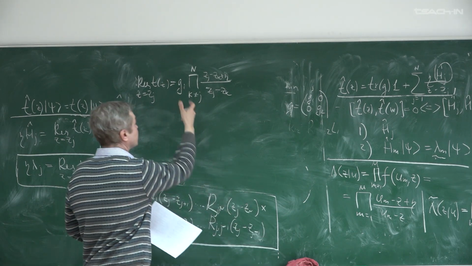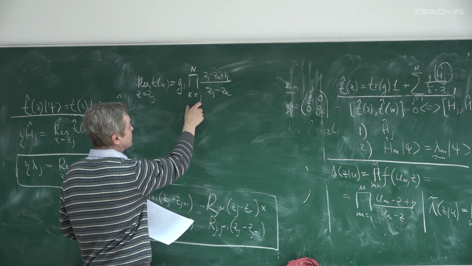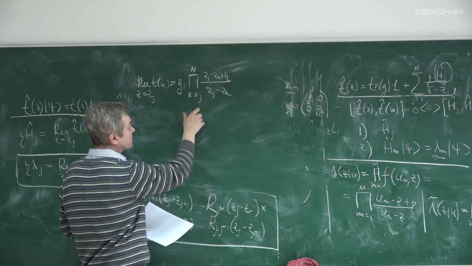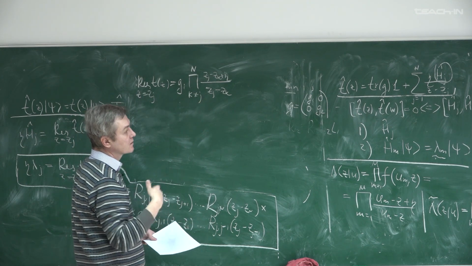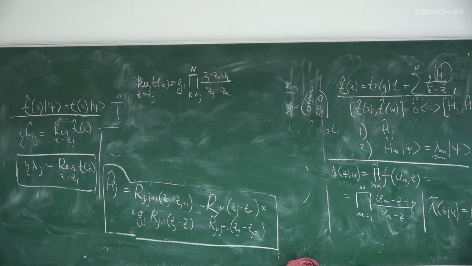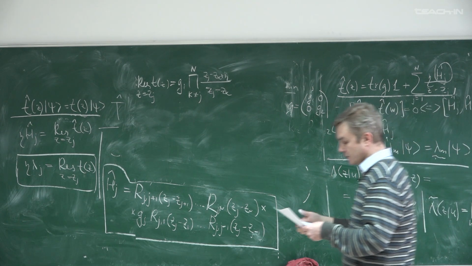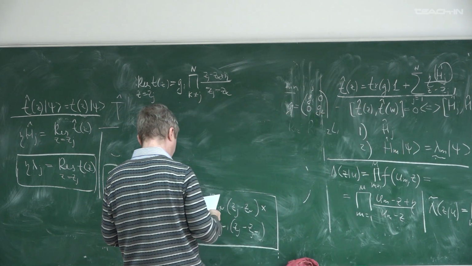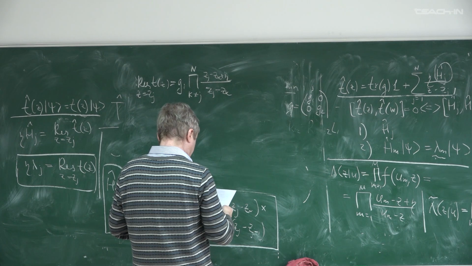So I excluded one factor from this product just because I computed the residue. And then I should also put here the expression for this lambda at point zj.